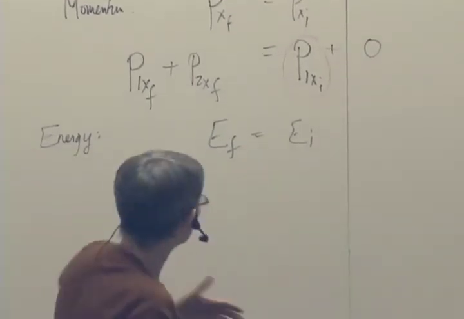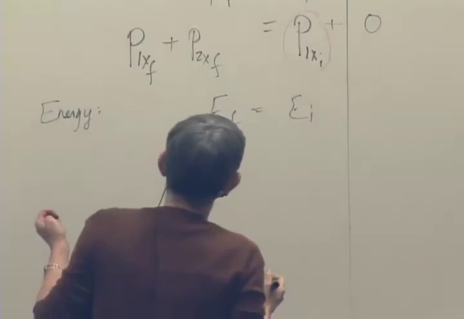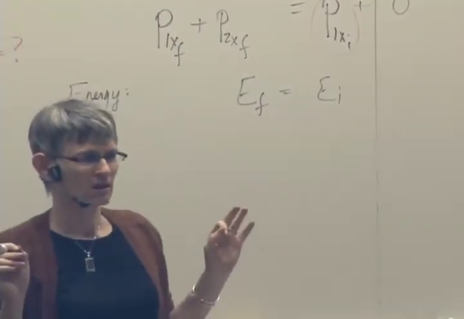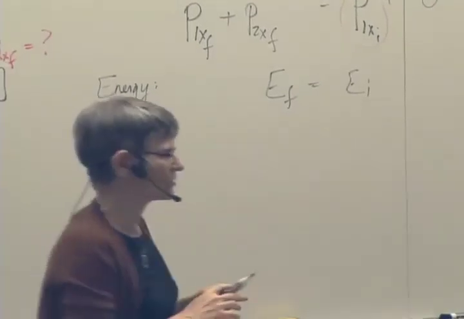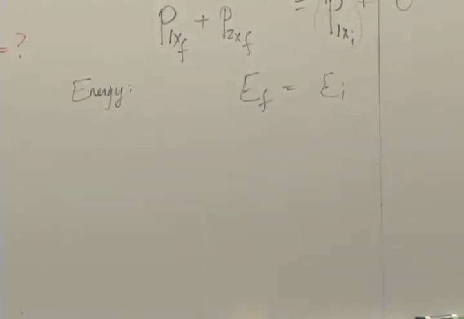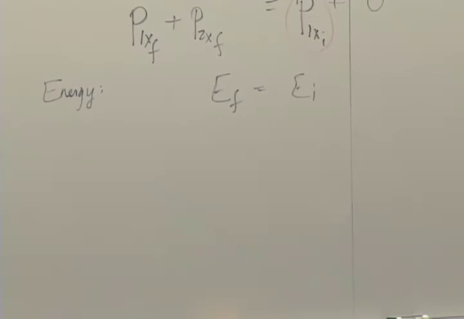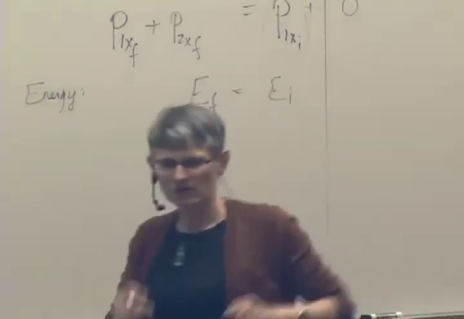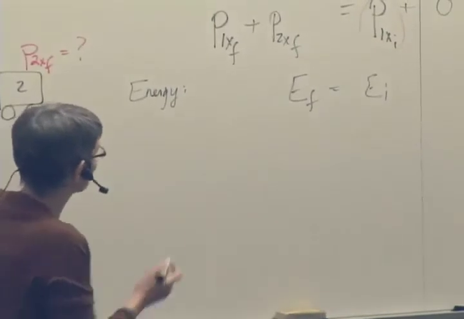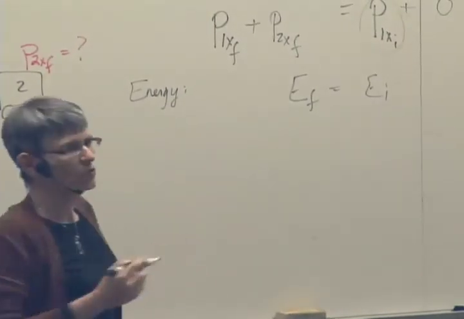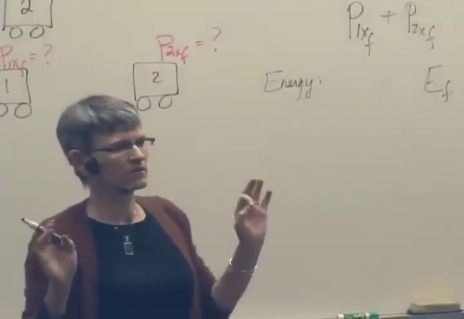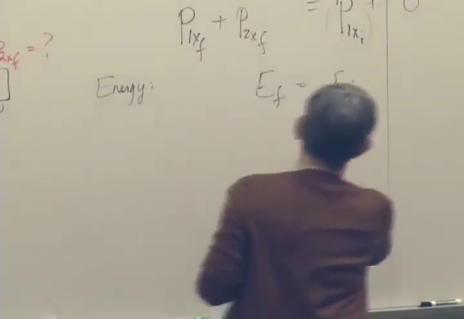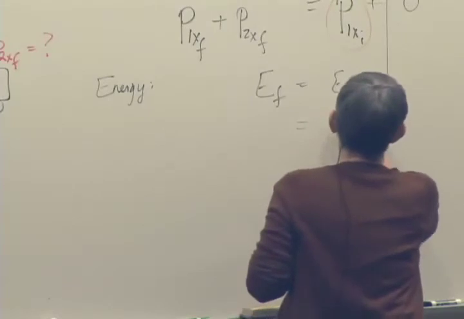And so if we're assuming that the internal energy of these carts doesn't change, meaning they don't deform, they don't start vibrating, they don't get hot in the collision, they don't stick together, then we can actually just not write the internal energy terms in this equation, or we could write them and say there's no change. So here are the things we have to consider.